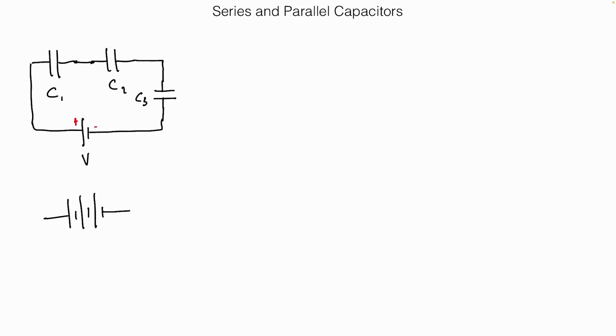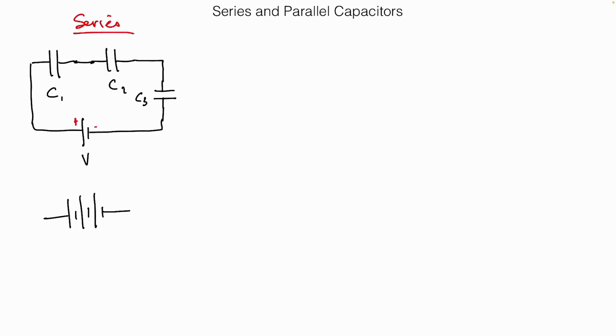And as I go around clockwise, I have to go through each capacitor in turn. The way that you know things are connected in series is that there are no junctions between the two things. If you're looking at two things, are these things in series? Look for a junction. If there's a wire that directly connects and doesn't go through a junction, you know that you're in series. Now that I've talked about junctions, let's talk about parallel.